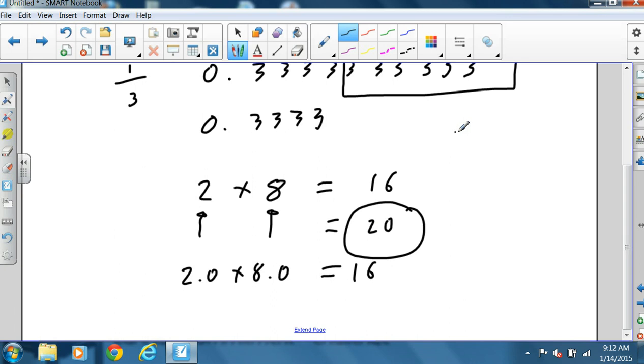When I have 2 apples and I have 8 apples, am I dealing with measurements? I have 2 bags, each with 8 apples. In this case, I have 16 apples because I'm not dealing with measurement.